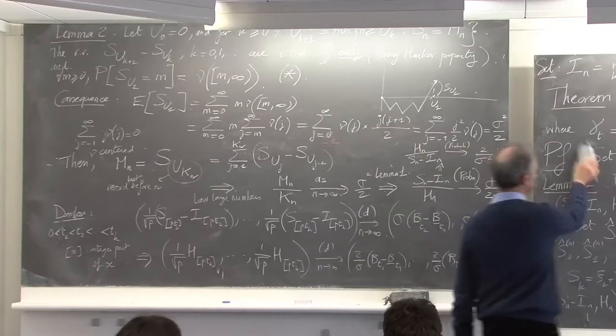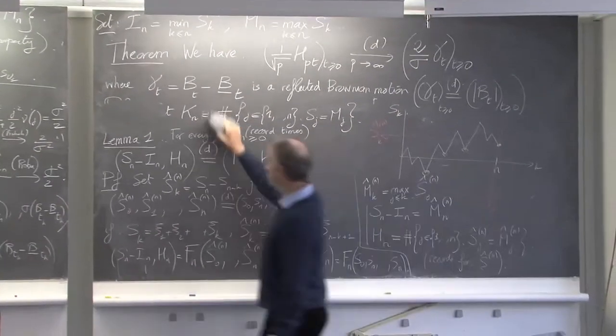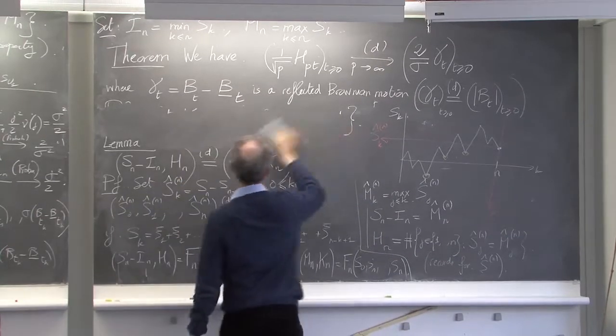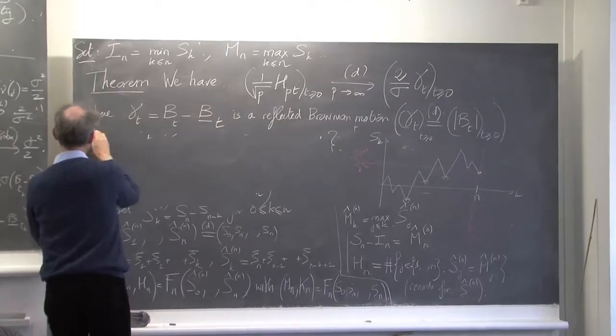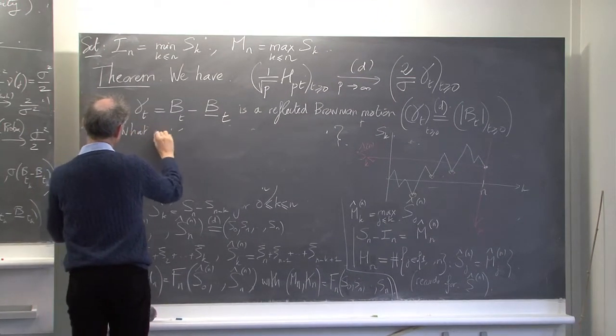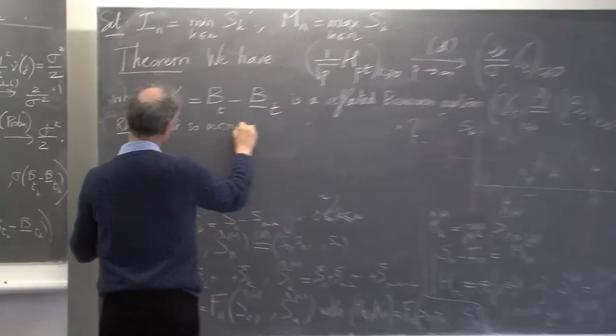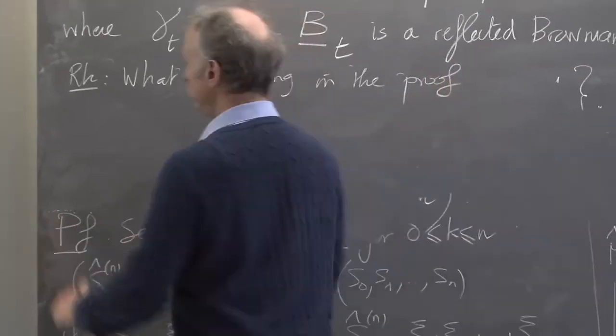Okay. So essentially, what is missing? So no question about the proof? No? So what is missing for the theorem? So what is missing in the proof? Basically, you use two ingredients.